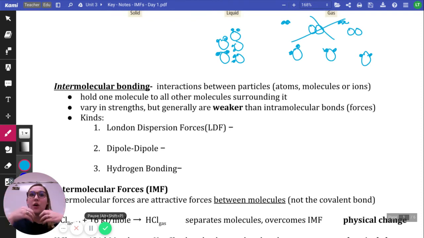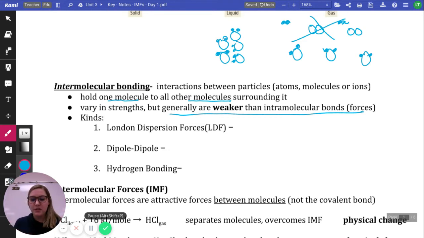These are the things that hold those together, so they hold one molecule to all the other molecules surrounding it. They vary in strength, but they're generally weaker than intramolecular bonds or forces. Like 99% of the time, they are weaker than the bonds that actually hold molecules together, but occasionally they are stronger.